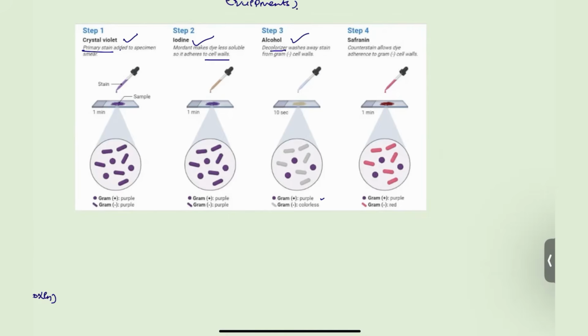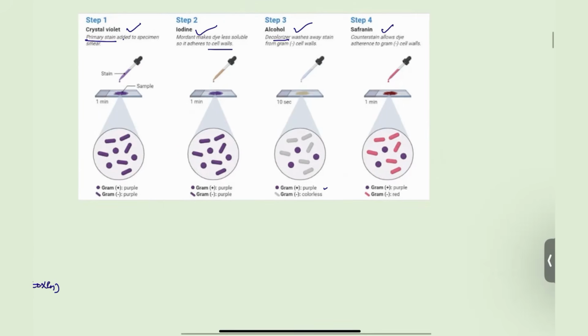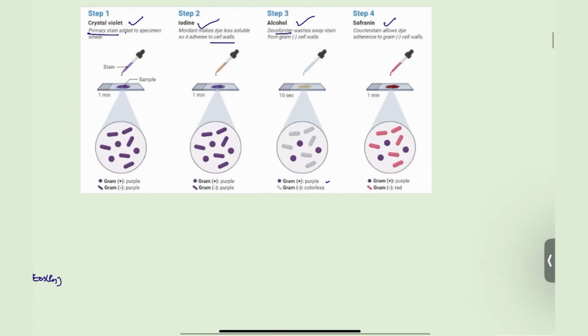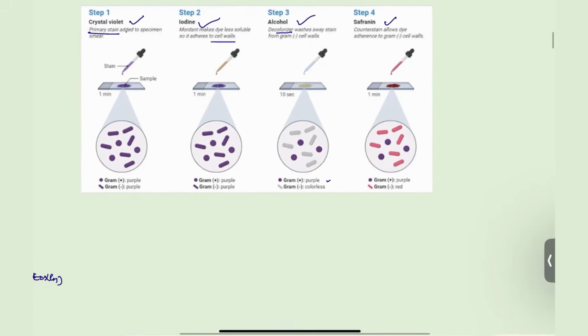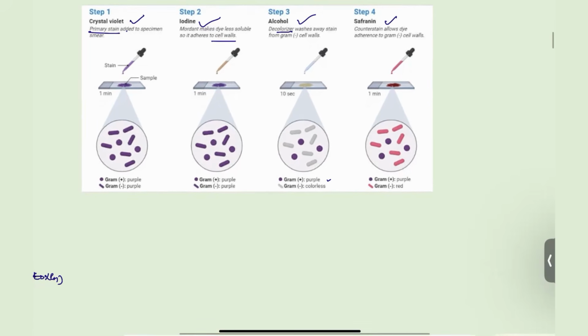Last, step 4, we add the counterstain, safranin, which is commonly used. So step 1 primary stain, step 2 mordant, step 3 alcohol for decolorization, and step 4 the counterstain safranin. Okay, this is how we do it.